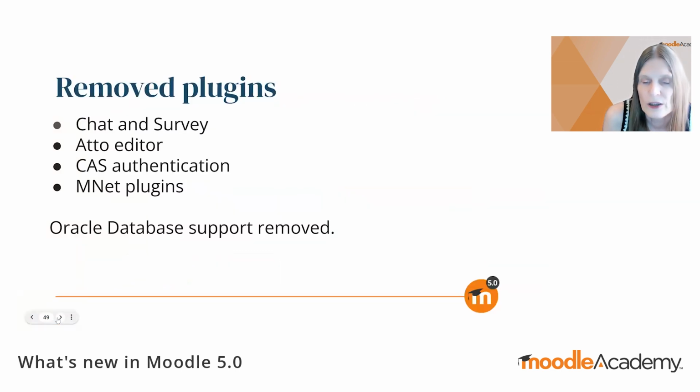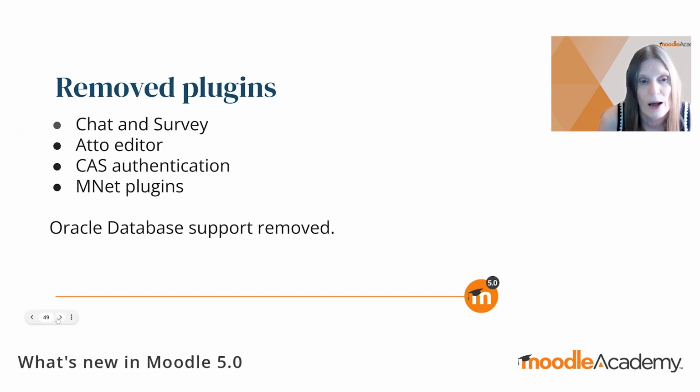And you may have already heard, and we were just talking about Atto a minute ago, chat and survey have now been removed from Moodle 5. There were notices for a couple of versions beforehand, and my understanding is these will be available in the plugins directory. Atto has now gone completely.